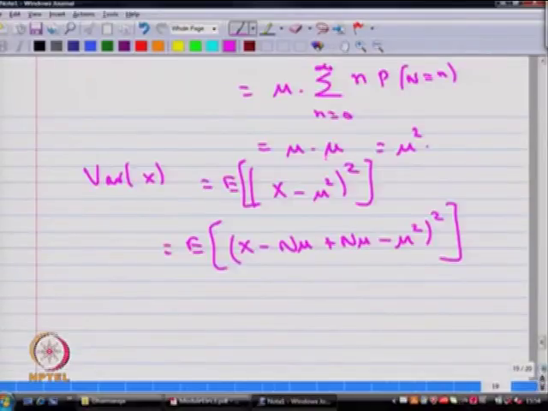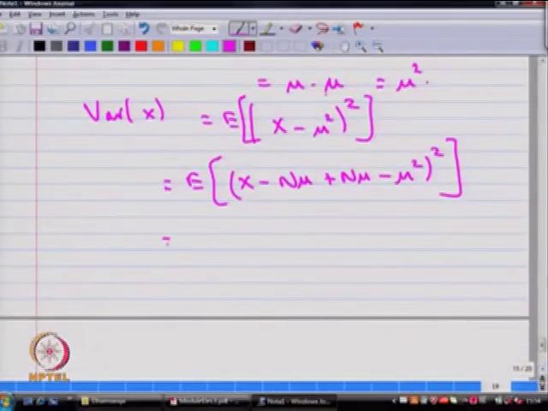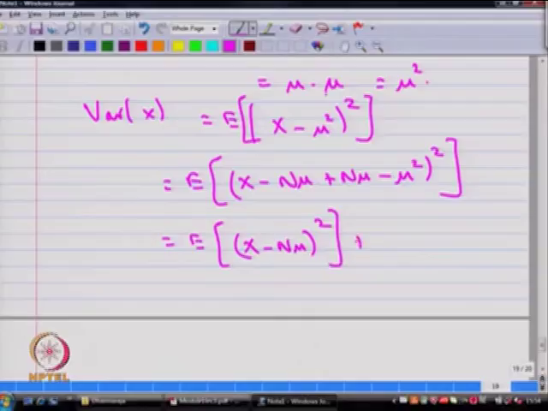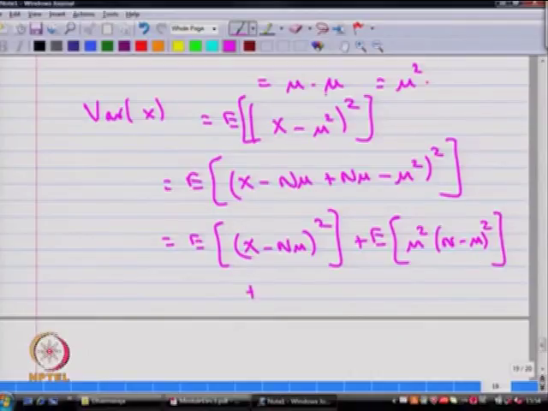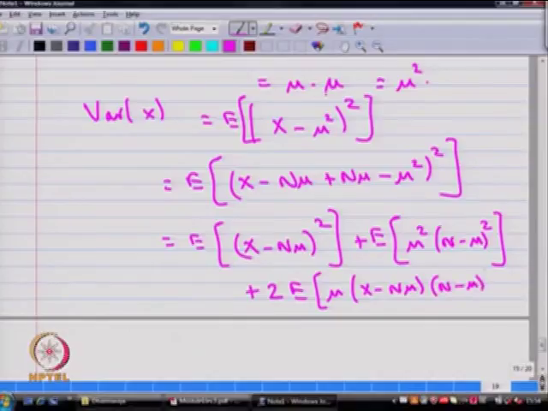One can expand, therefore, you will get expectation of X minus n times mu the whole square, plus expectation of mu square multiplied by n minus mu the whole square, and the third term becomes 2 times expectation of mu multiplied by X minus n mu into n minus mu, by taking mu outside.